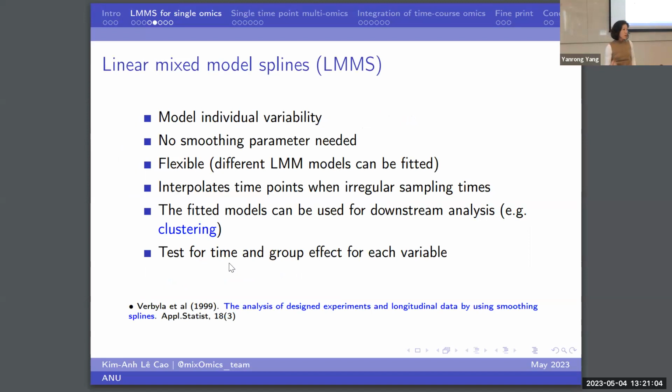You don't need the smoothing parameters through that framework. And you can choose the model that is best for each bacteria. And then you can do everything that you can do with splines. You can interpolate. Once you have fitted your models, you use those models for any downstream analysis that you want. And because it's a linear mixed model, we can test for time and a group effect.